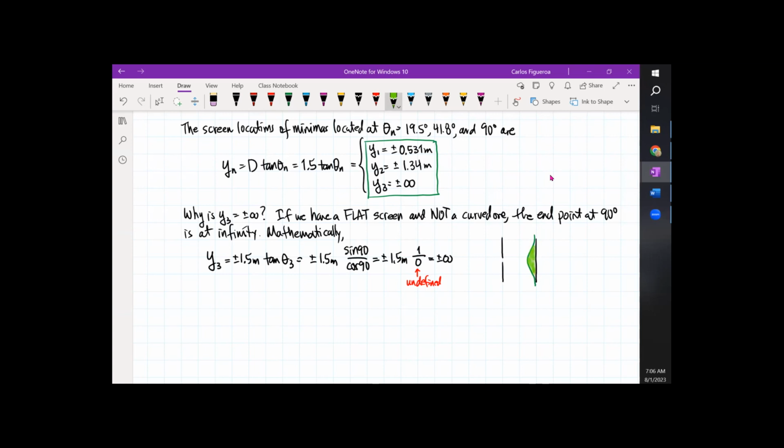So if I look at this point, and this is at 90 degrees, the distance from here to here is actually equal to infinity. And then, of course, on the other side, you got minus 90 degrees.